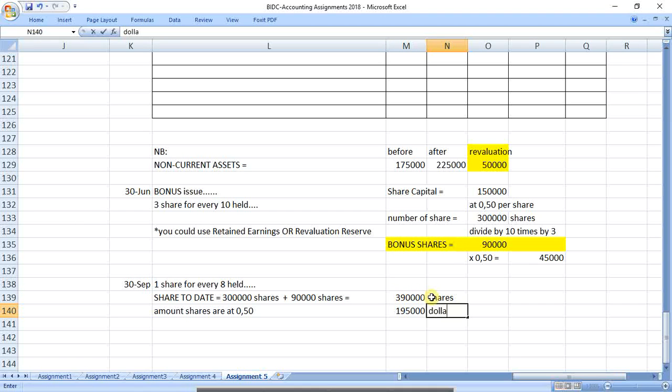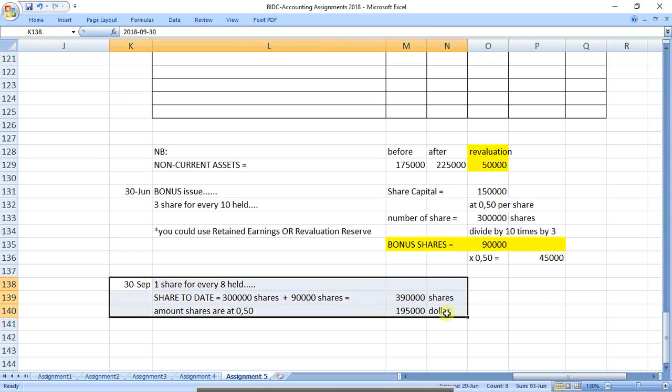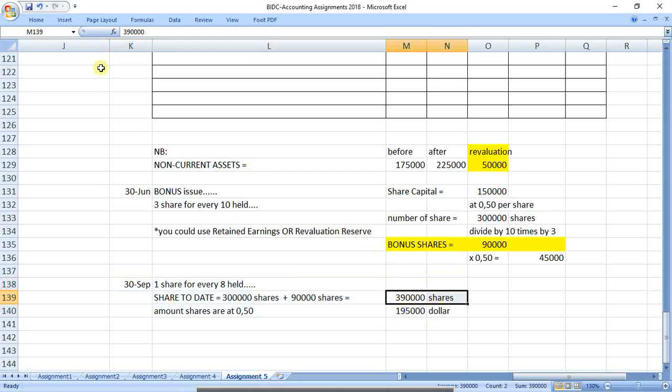Okay, so now we know that based on what they've said here, on 30 September I'm going to be giving 1 ordinary share for every 8 held. So divide this by 8, times by 1, and a share price of 0.80.